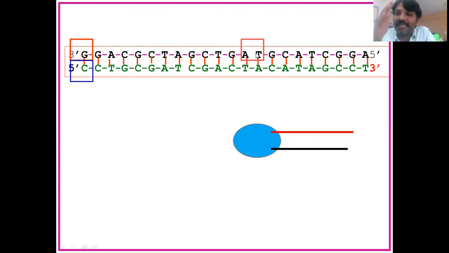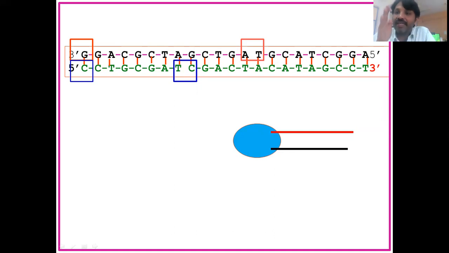A nick means a single strand break: in the double strand, only one strand's phosphodiester bond is broken. Exonuclease can act at the nicks too. One more nick is here, between T and C.